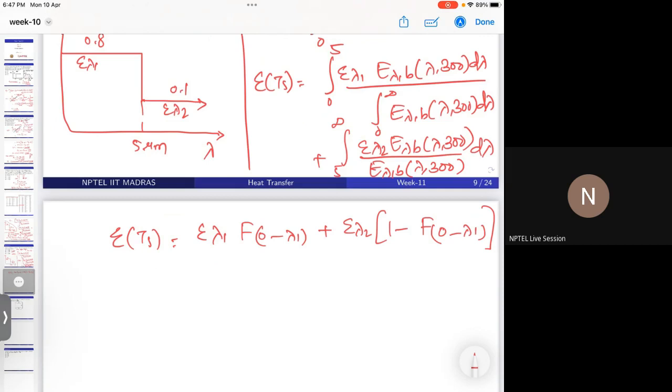Okay. So now, can you please tell what is lambda 1? What is the product of lambda 1 and T we should take? Can you please find out what is lambda T, which we need for finding out the black body radiation function? Just the product.